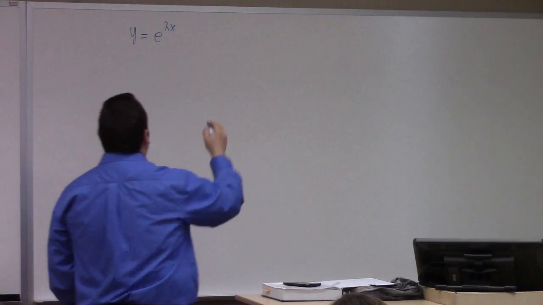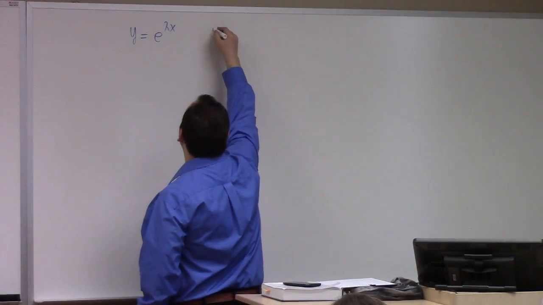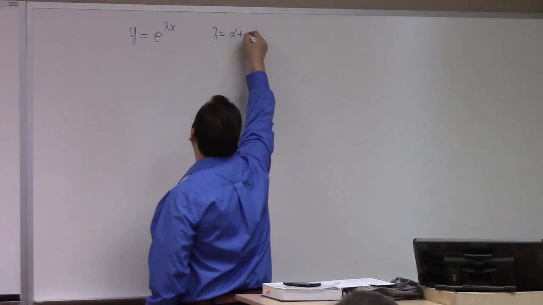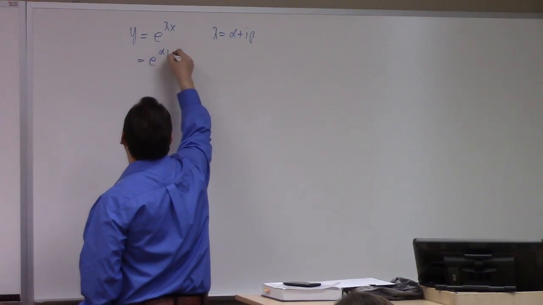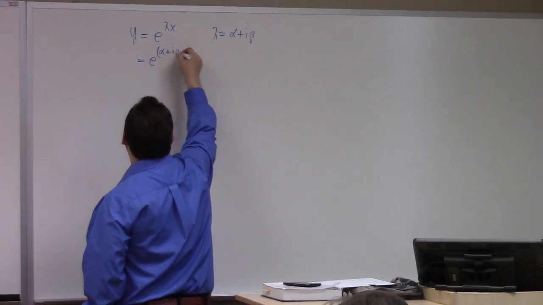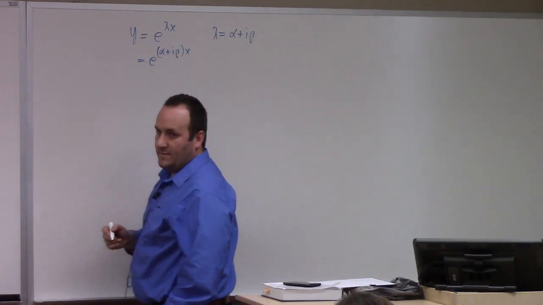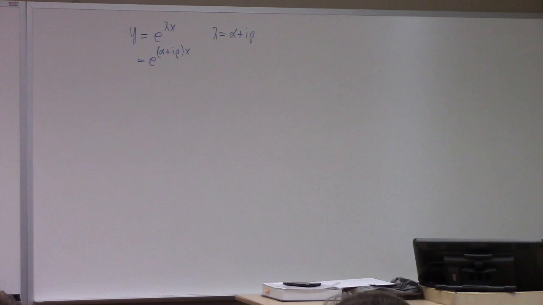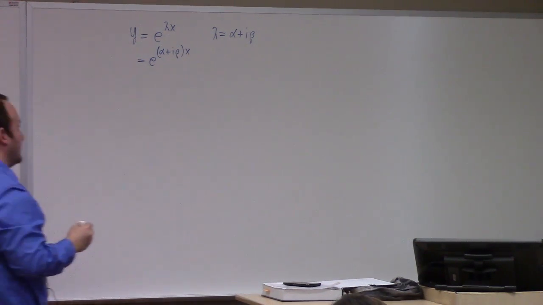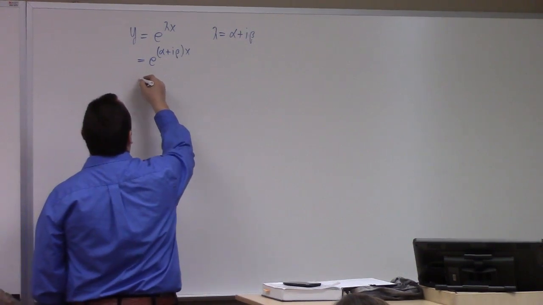What does this mean if lambda is complex? If lambda is equal to alpha plus i beta, what is this? This is e to the alpha plus i beta times x. And I'm here to tell you that still makes sense. And it makes sense in the most natural way possible. A simple extension of what I already told you about imaginary exponentials. Here's how it goes.